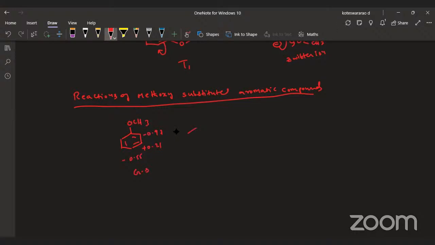Whenever it is excited to the triplet state, the electron density will be increased to 0.37, and here it is reduced to 0.19. At the para position, sorry, it is reducing, 0.75 to minus 0.7. Right.